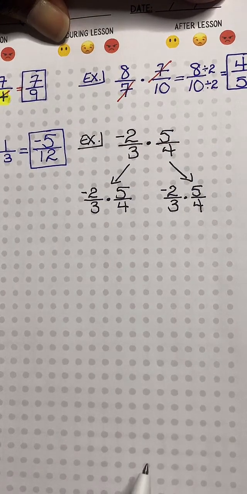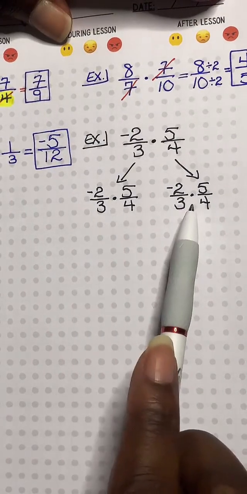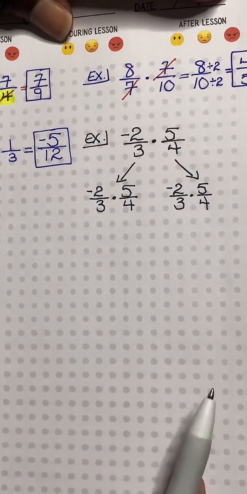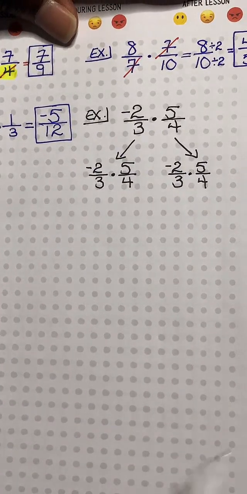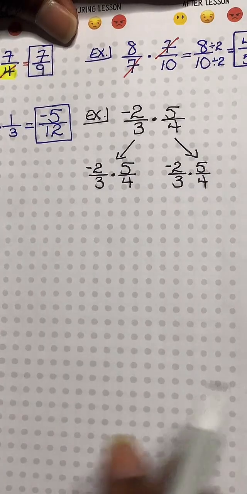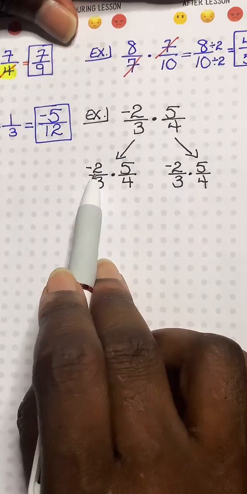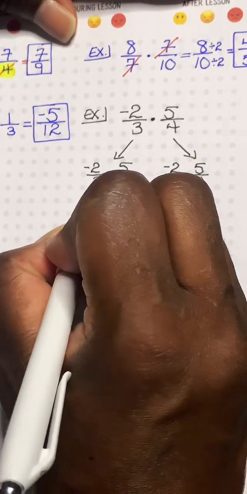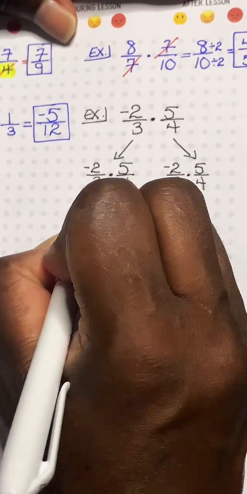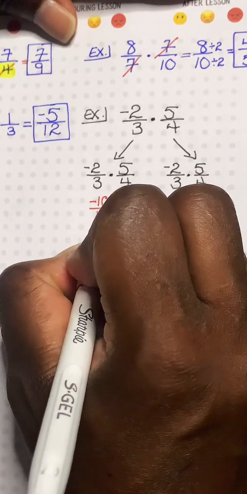All right. So we don't need a common denominator because we're multiplying this time. Okay, adding and subtracting, yes, common denominator. Multiplying, we can basically cross simplify. So we can do one of two things. We could multiply negative 2 times 5, which gives me a negative 10, and then multiply the 3 times 4, which gives me 12.